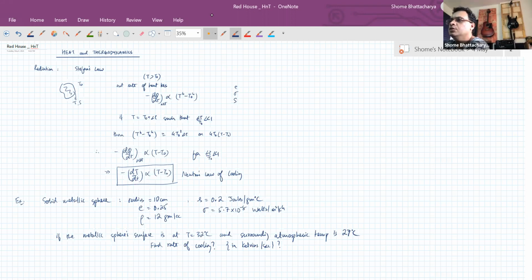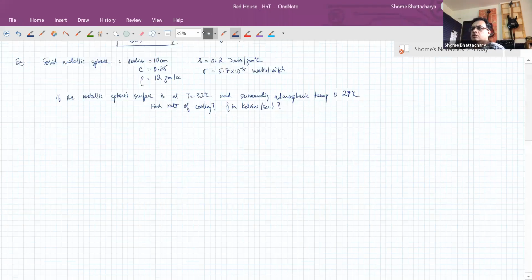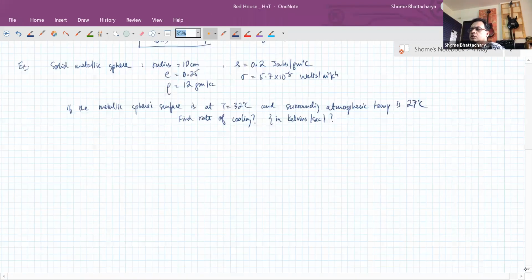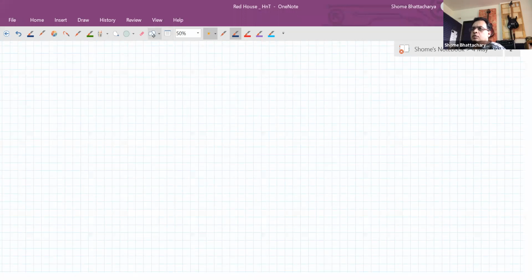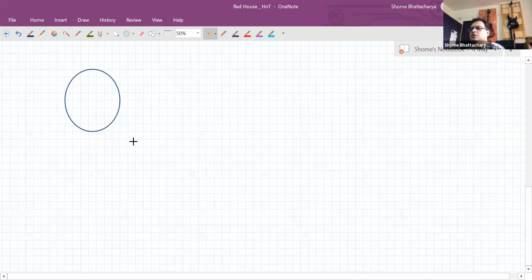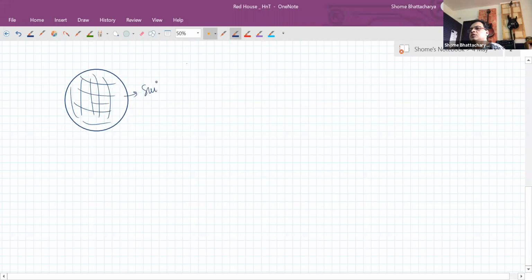Yeah, so has anybody worked this out? Let's understand what geometrical factors you will take into account for a solid spherical body. The surface area will be 4 pi r square.